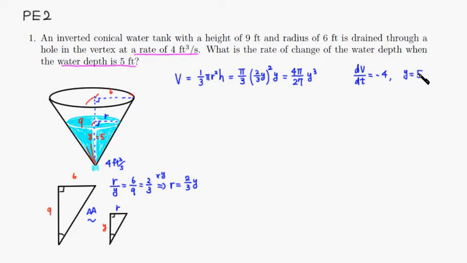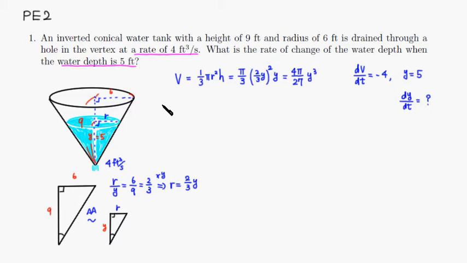What we're looking for is the rate of change of the water depth, so we're looking for dy over dt.